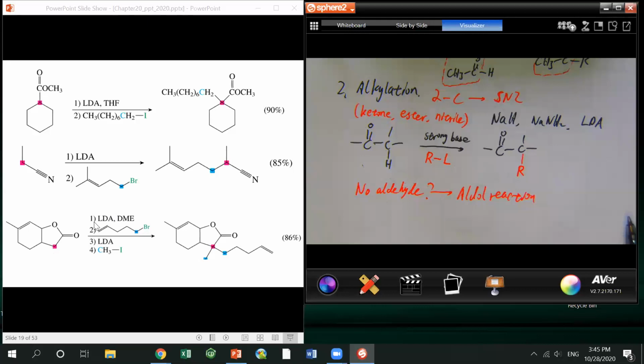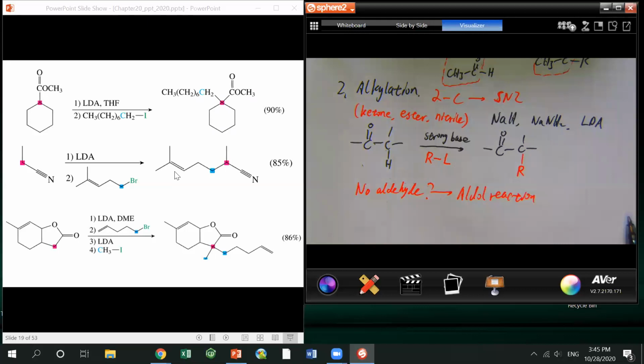And then you put one alkyl group on, and then you use excess base to deprotonate the second alpha hydrogen, and you can put a second alkyl group on. So that's actually a pretty cool method to make the multi-alkylation product. Right. So that's one way to do alkylation.